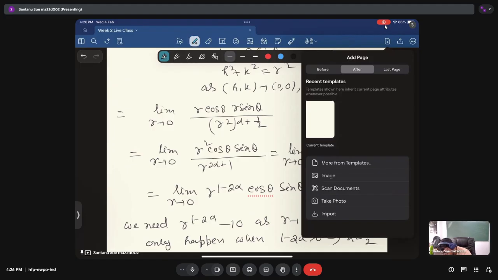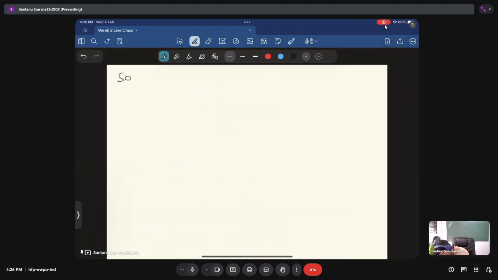So as long as alpha is less than half, f is differentiable at (0, 0).